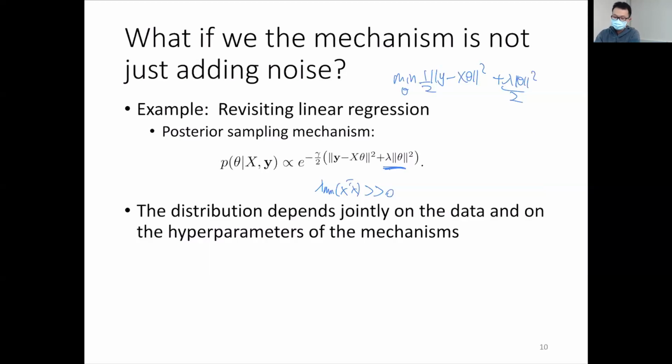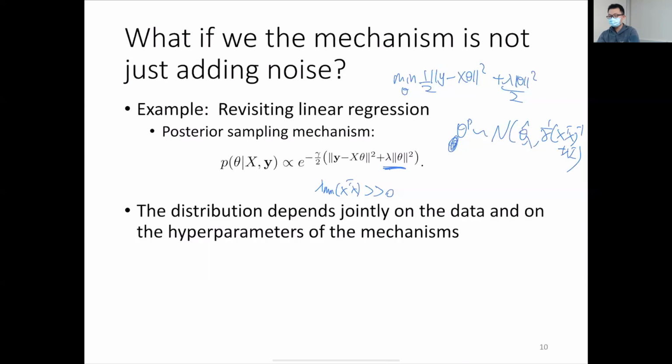Of course, this has an interpretation similar to noise adding, because you can say this is effectively sampling from a normal distribution where theta hat is the solution to the ridge regression, and then you're adding noise with a covariance proportional to, I guess, 1 over gamma, X transpose X plus lambda inverse, right?